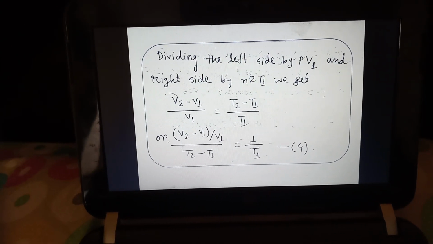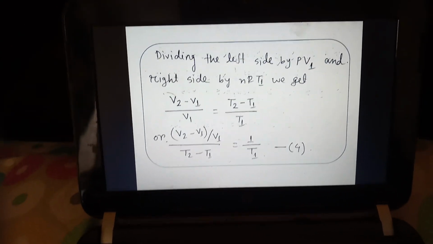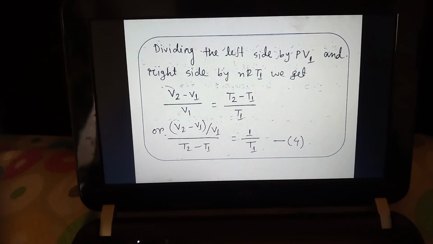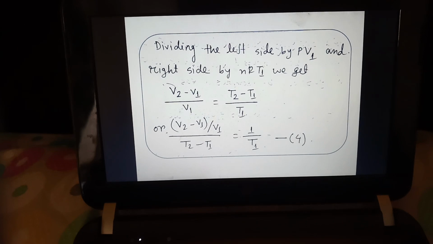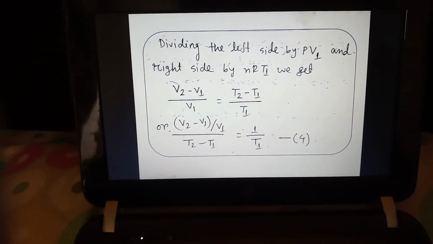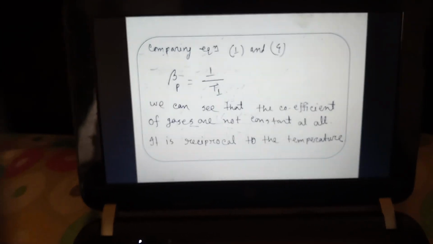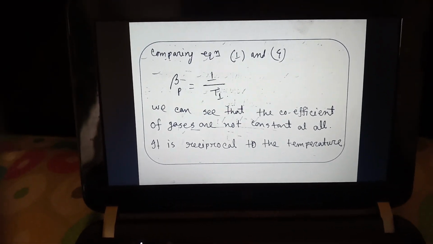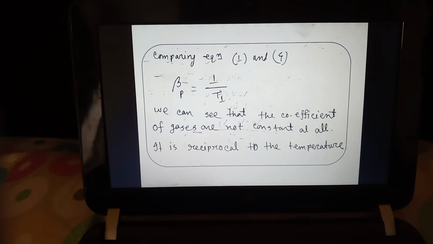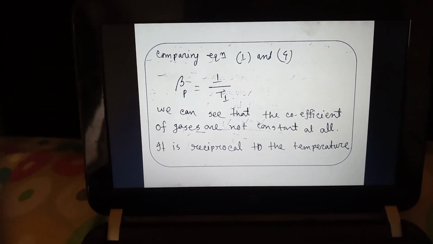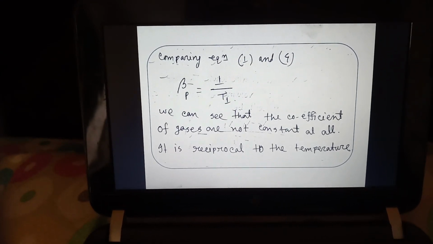By cross multiplication, we can write (V2 minus V1) divided by V1, divided by (T2 minus T1), equal to 1 by T1. This is equation 4. Then comparing equation 1 and equation 4, we get beta P equal to 1 by T1.